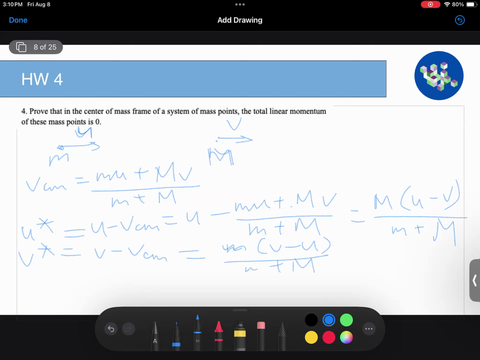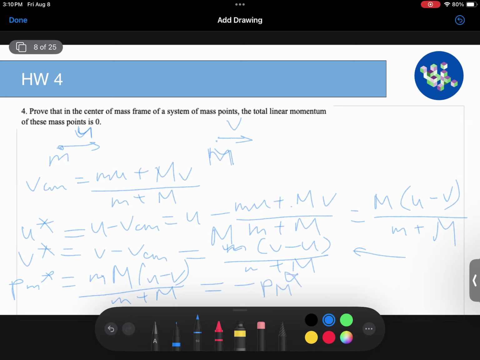Now, if I want the momenta of the two, I'll multiply by each particle's mass. So p_m star equals small m big M (u minus v) over (m plus M). And notice that if I do the same thing for the big mass, multiplying by M over here, that's exactly equal to negative p of the small mass in the center of mass frame.